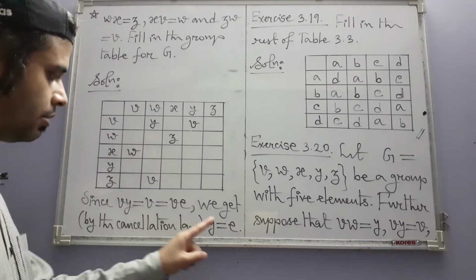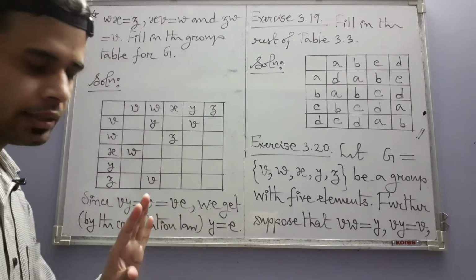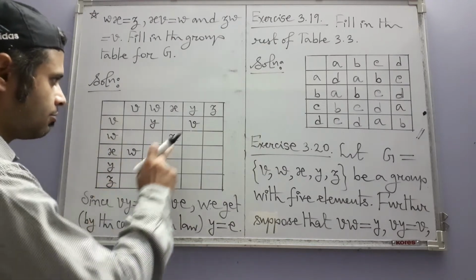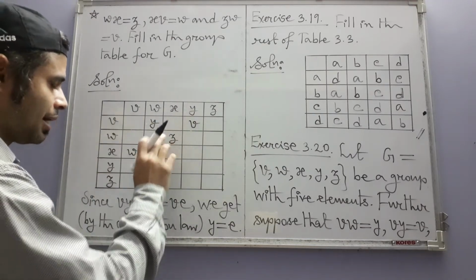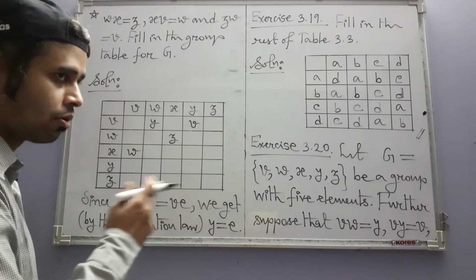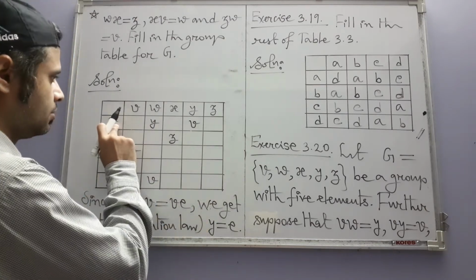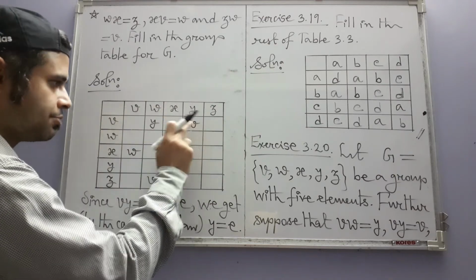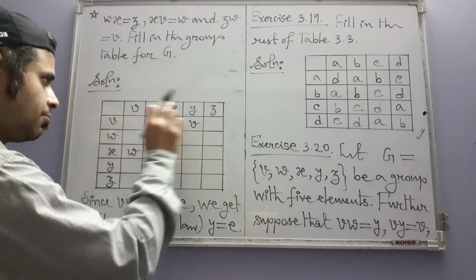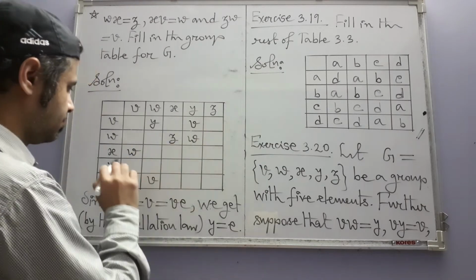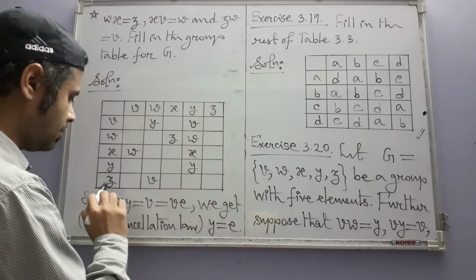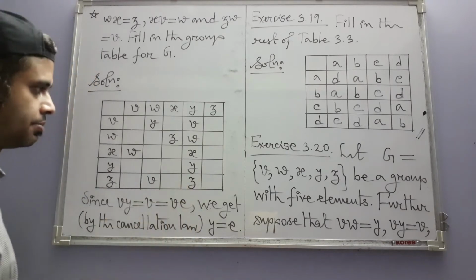Now because Y has turned out to be the identity, Y will behave like the identity. So no matter what you operate with Y, you will get that thing itself. So for example, VY is V, that is already given. WY will be W, XY will be X, YY of course will be Y, and ZY will be Z.